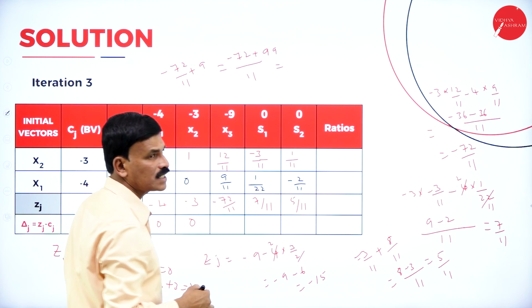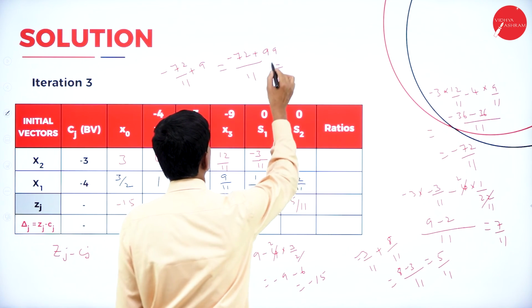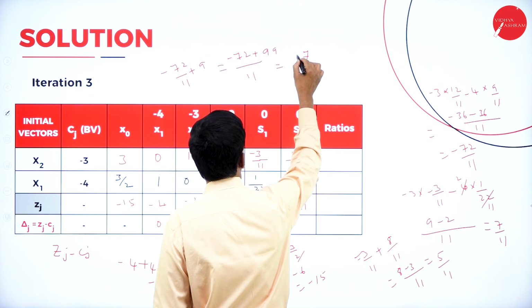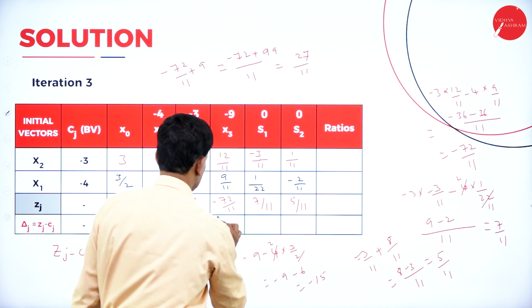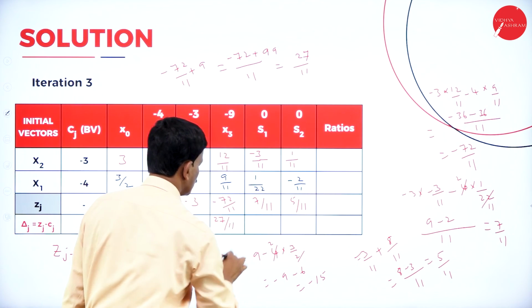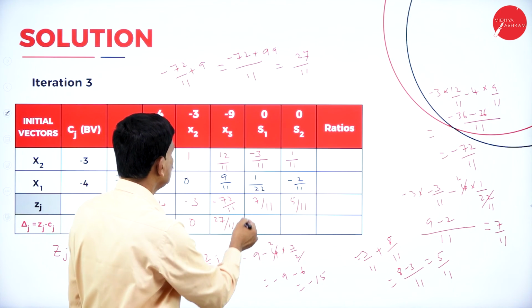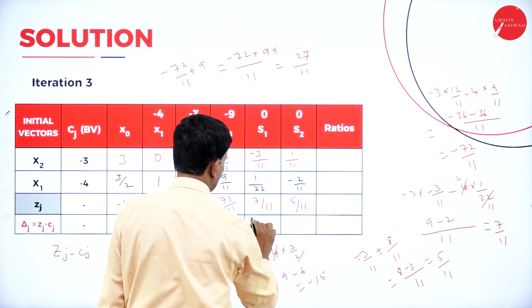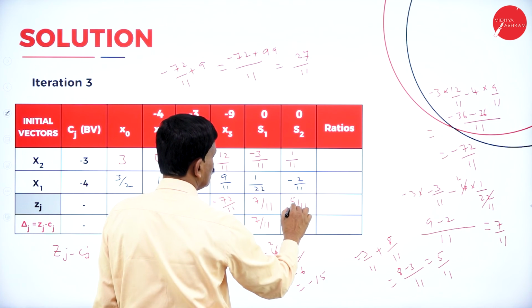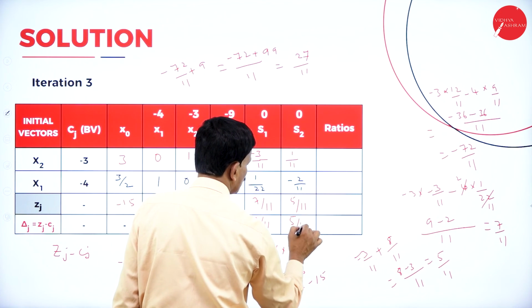So 11 9s are 99, 99 minus 72, this is 27 by 11. Now similarly, 7 by 11 minus 0 is 7 by 11, 5 by 11 minus 0 is 5 by 11.